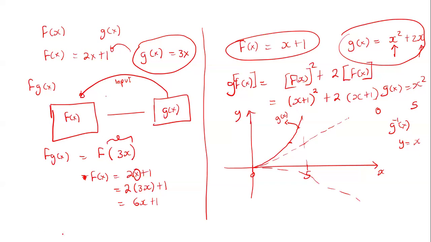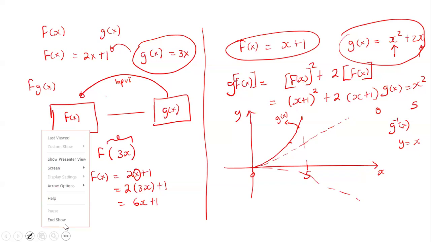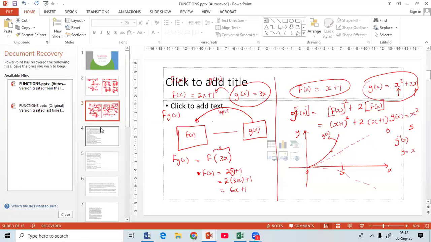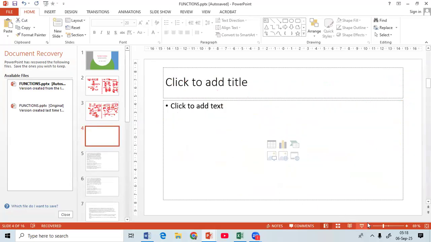Let me first do it here. Now, when they tell us to find the inverse of the function, let me say they have told us that g of x is equal to x squared for 0 less than or equal to x less than or equal to 5.